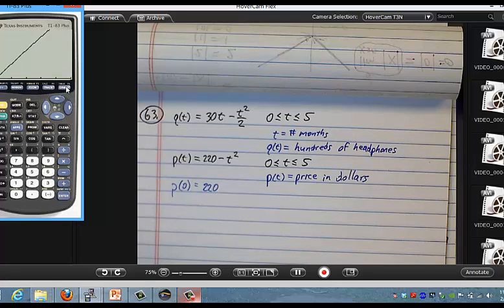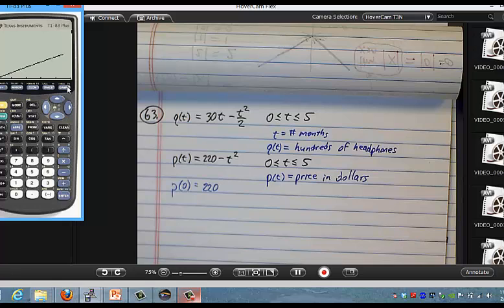Ooh, I don't really see it. Oh, I know why. Look at my window again. What's the y max right here? 100. I better make it at least 220. Why don't I make it 250, and press graph. And I'm putting a mark every 50.